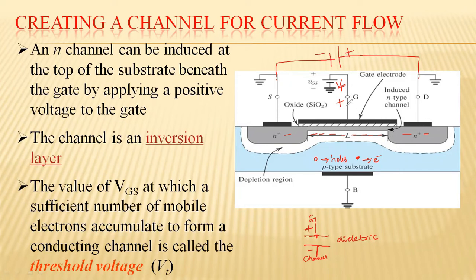That means the gate voltage is controlling the width of the channel, because more charges accumulated means the width of the channel also increases. So as the applied voltage Vgs increases, the width of the channel also increases, which increases the current in the MOSFET.